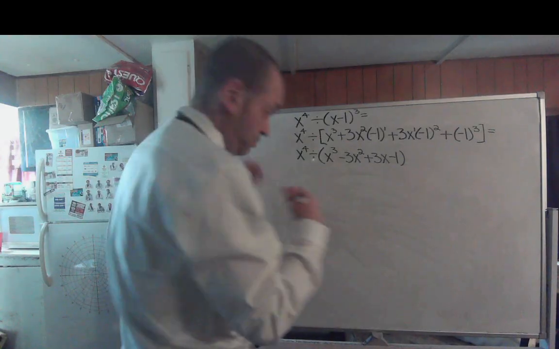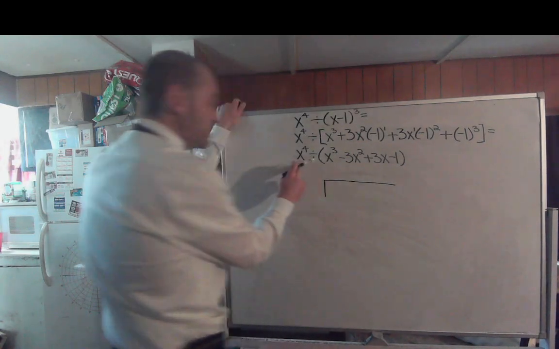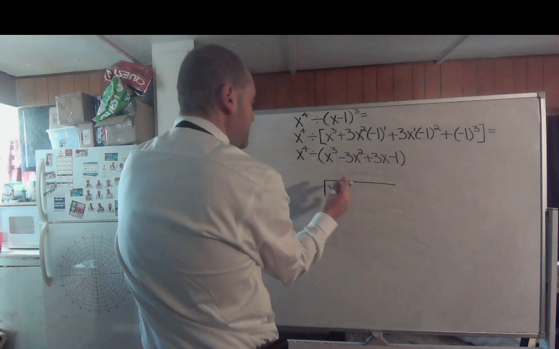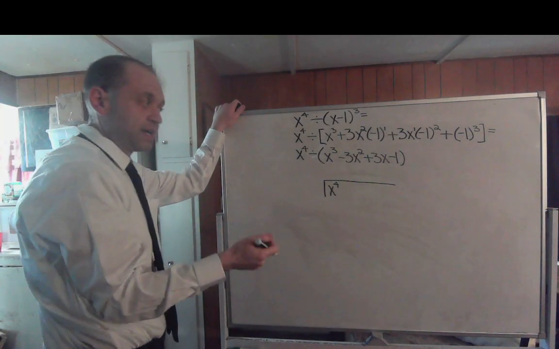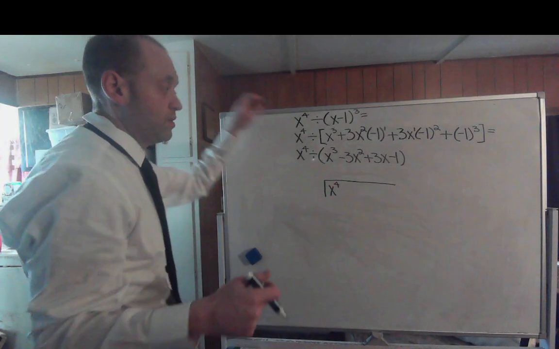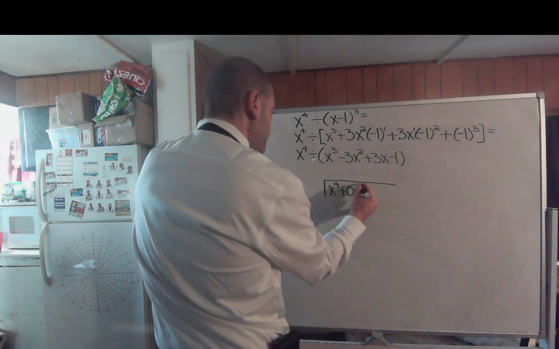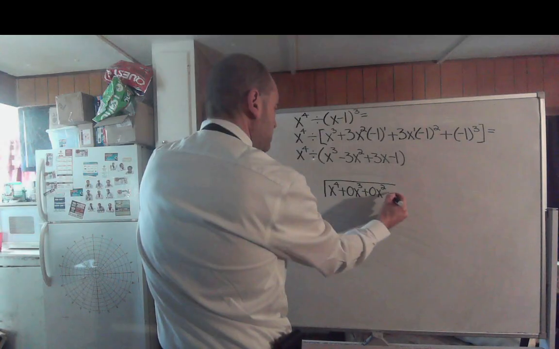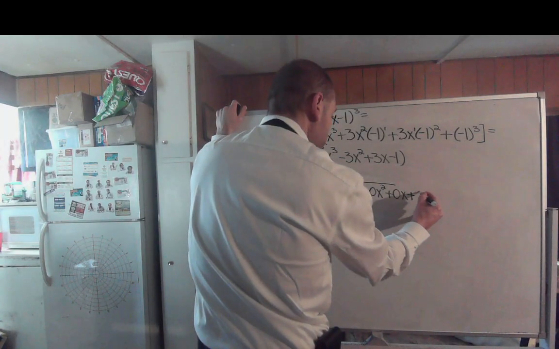Okay, so let's go ahead and set that up. The x to the fourth is in the dividend, and we're dividing by a polynomial that has every power lower than x to the fourth, including a constant term. So that means we have to account for those powers. This will be plus 0x to the third plus 0x squared plus 0x, and then the constant term, plus 0.